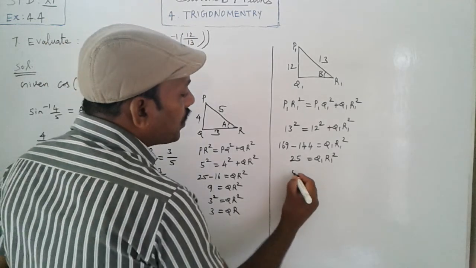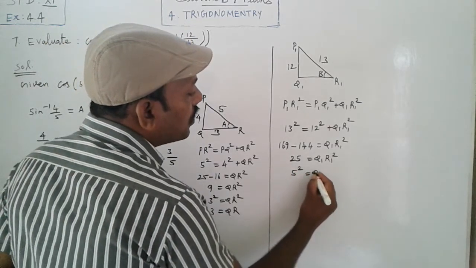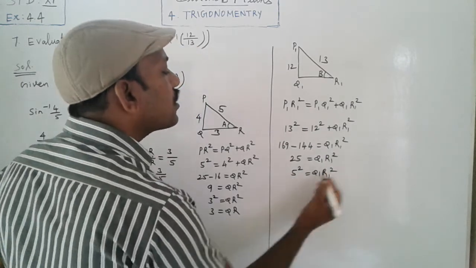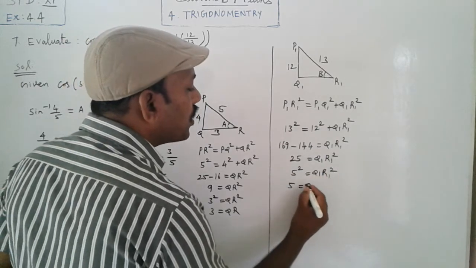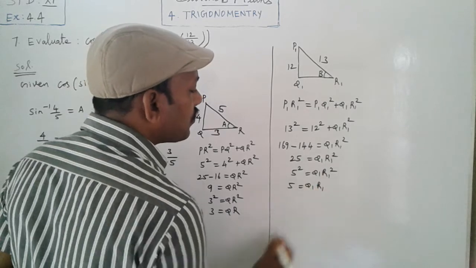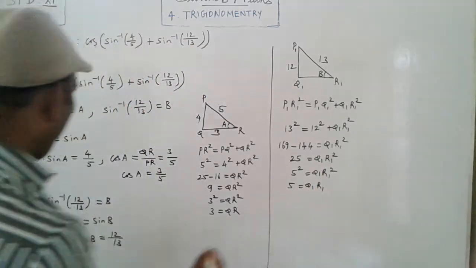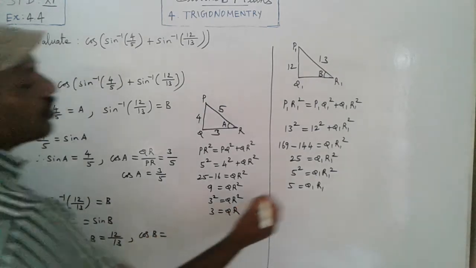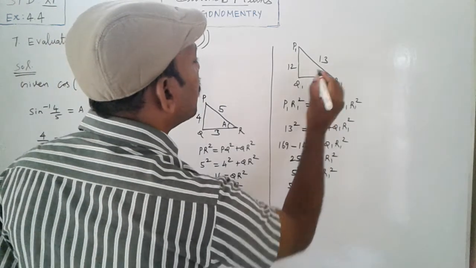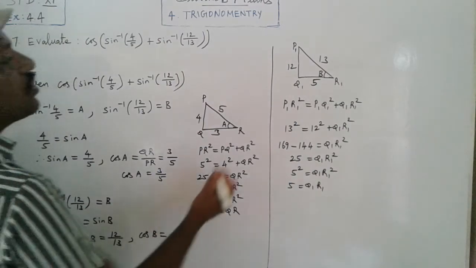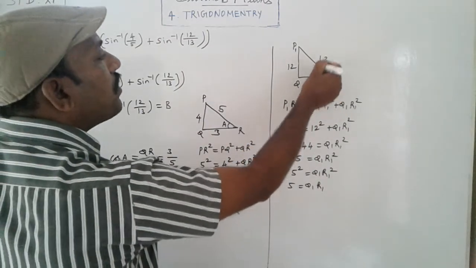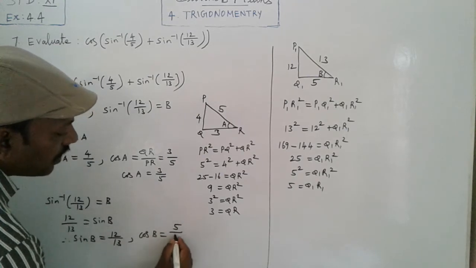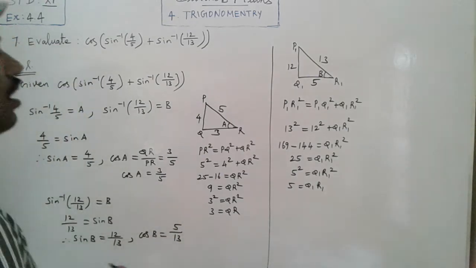So we write 5 square equal to Q1R1 square. Taking the square root, 5 equal to Q1R1. Therefore we should find out cos B. Cos B equal to adjacent divided by hypotenuse. Q1R1 is 5 here. So it is 5 divided by 13.